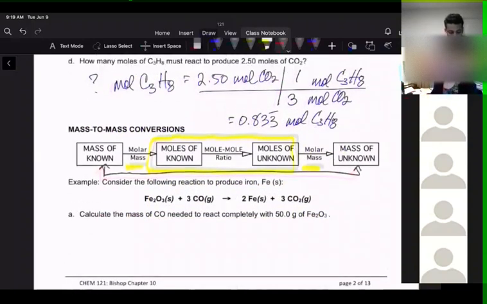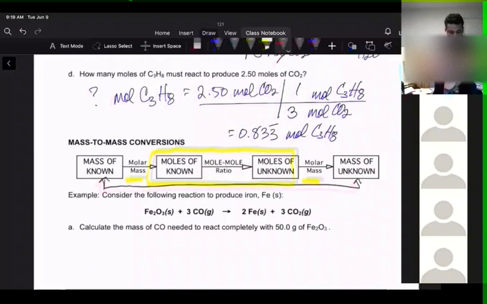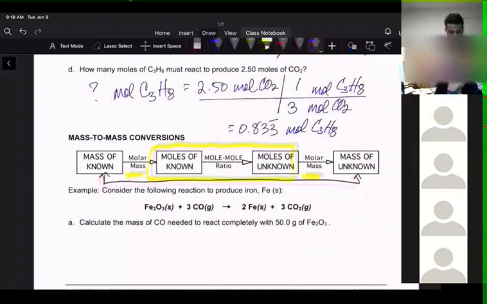So let's do this same process. I'll leave an example problem up there. We need to calculate the mass, so how many grams of CO are needed to react with 50 grams of iron(III) oxide? Okay, so go ahead and get started on that calculation.